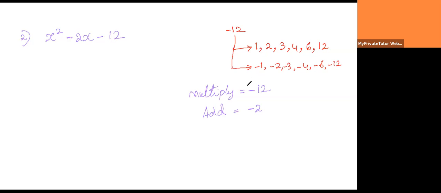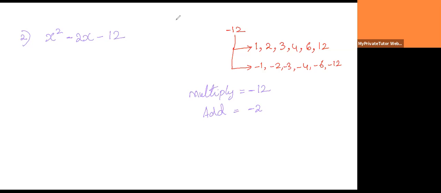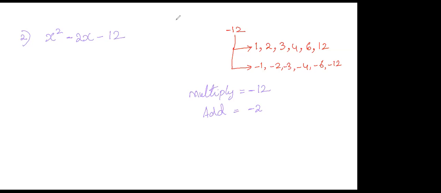I hope you know that if the multiplication gives a negative answer, one number is positive and the other number is negative. I hope you guys understand that. So which are the two numbers you're going to take? We have negative 2 as the middle term. You're going to take 6 and minus 6?